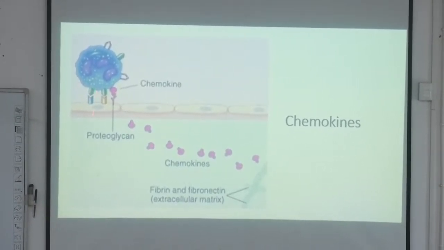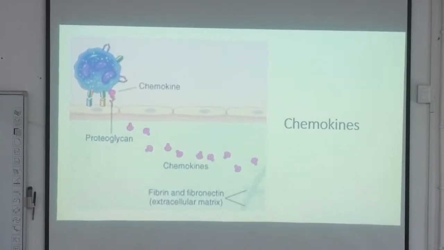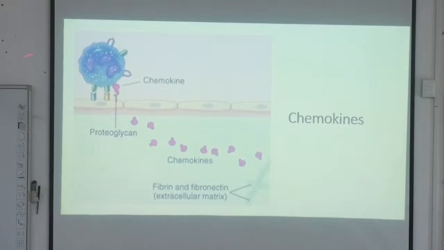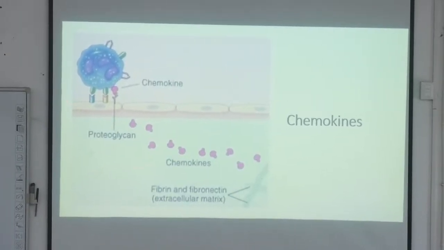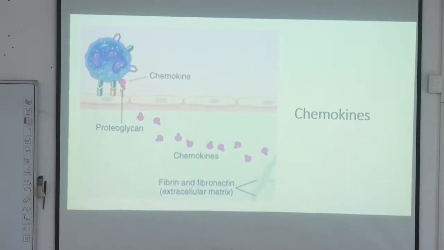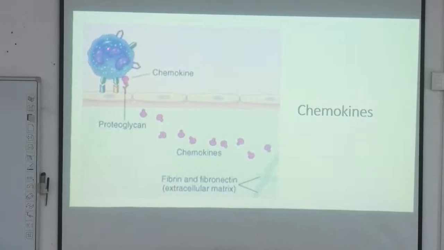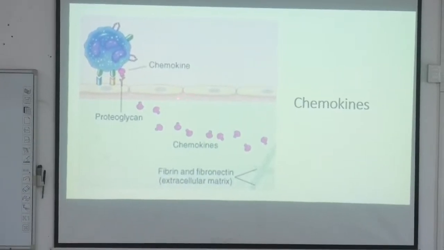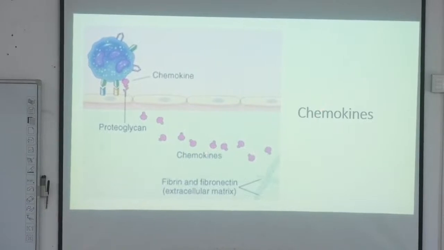They have ligands on their surface as well as on the endothelial surface, and after the leukocyte attaches to its respective ligand on the endothelial surface, chemokines are released. They act on fibrin and fibronectin as extracellular matrix, and the leukocyte eventually finds a gap in the endothelial cell junction and comes to the extracellular space to combat the inflammation.